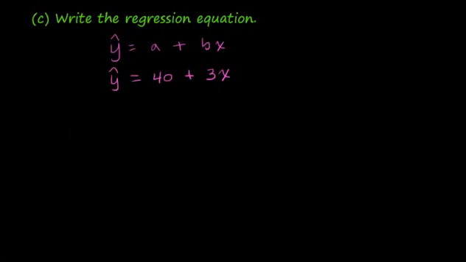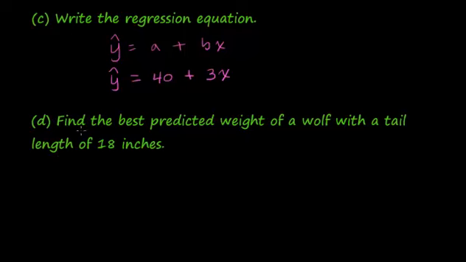And finally, let's predict. Find the best predicted weight of a wolf with a tail length of 18 inches. Well, now, we have concluded that there isn't a linear correlation between tail length and weight. So even though we can write a regression equation, it's not appropriate for us to use it to predict the weight of a wolf with a tail length of 18 inches.